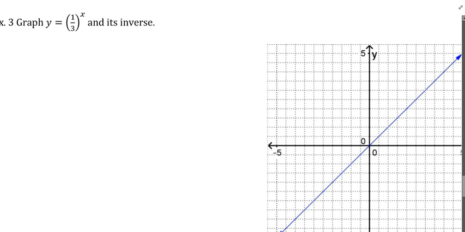So 1/3 to the 0 is still 1. But 1/3 to the positive 1 is a third. 1/3 to the negative 1 is 3. So 1, 2, 3. And then the next one's going to be off the graph, 9. And then they're going to get small really fast.